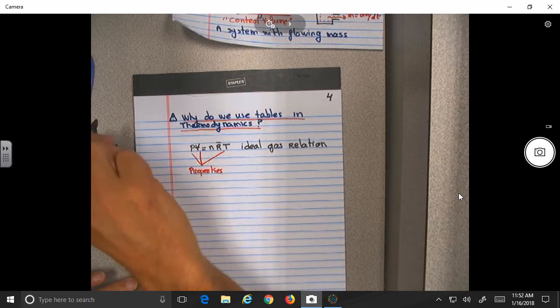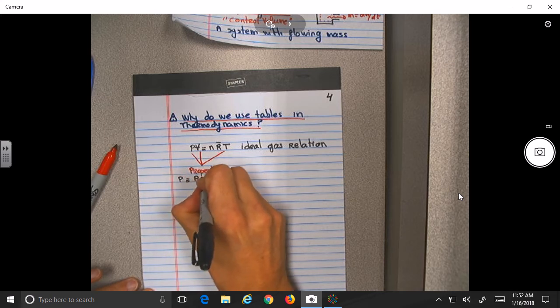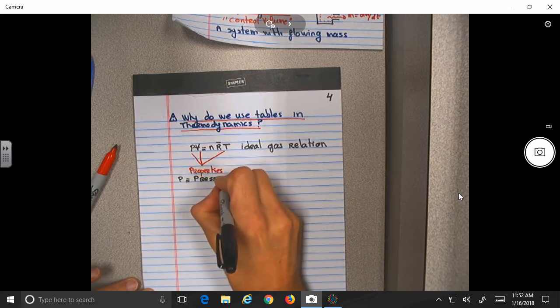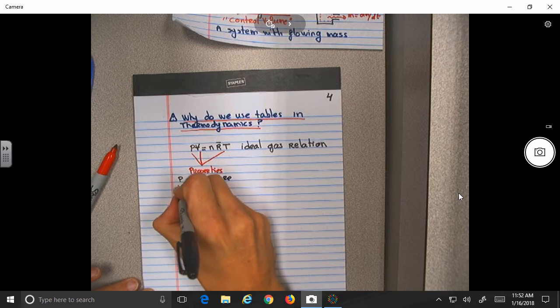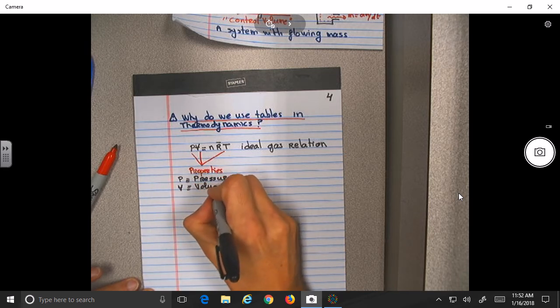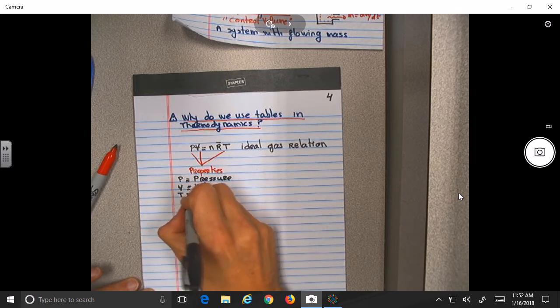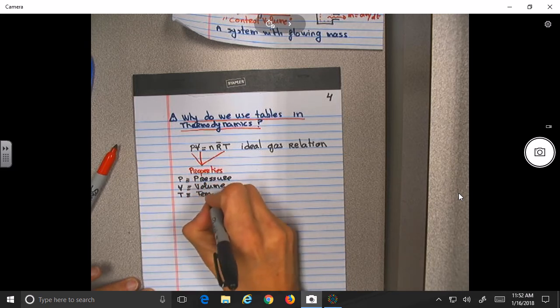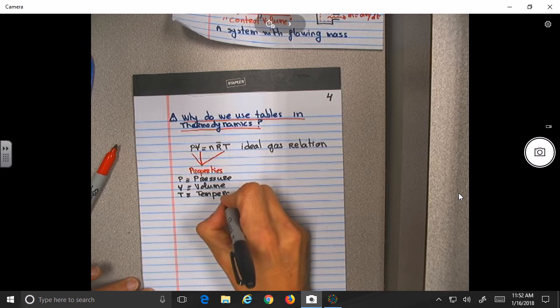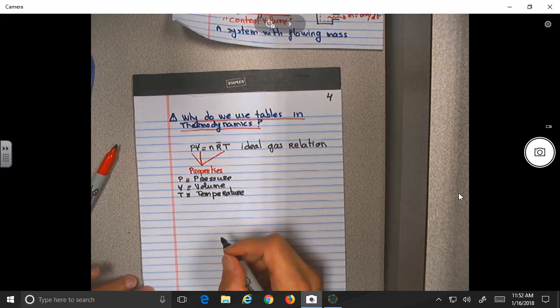So P is pressure. V, I do this V that way to differentiate with all the V's. This is volume. T is temperature.